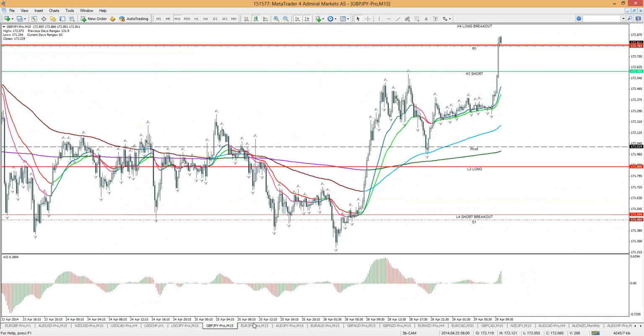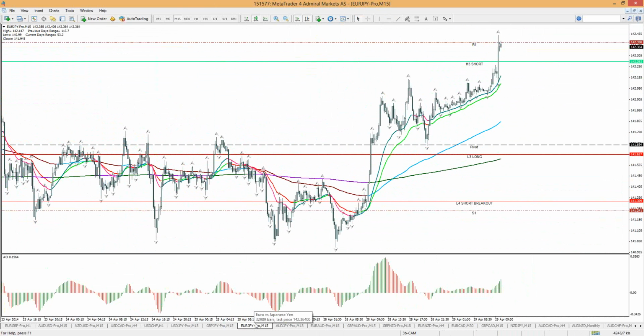It's right at the R1 at the moment. Euro yen, moving up a lot.